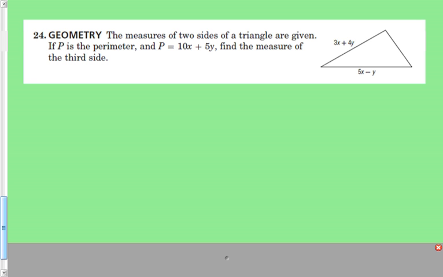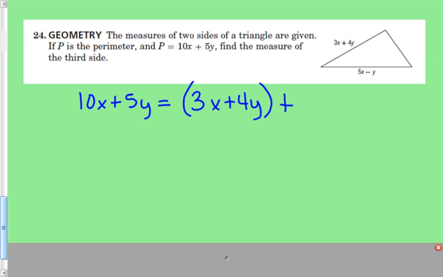Well, what we'll do is we'll take our perimeter, which is 10x plus 5y. And we're going to set that equal to the other 2 sides added together. So 3x plus 4y, which is one side, put that in parentheses, added to the other side, 5x minus y.